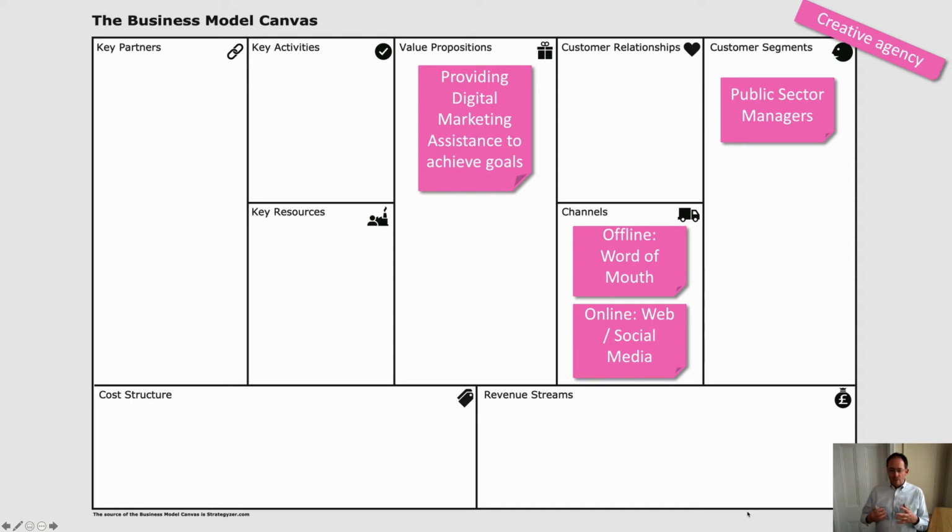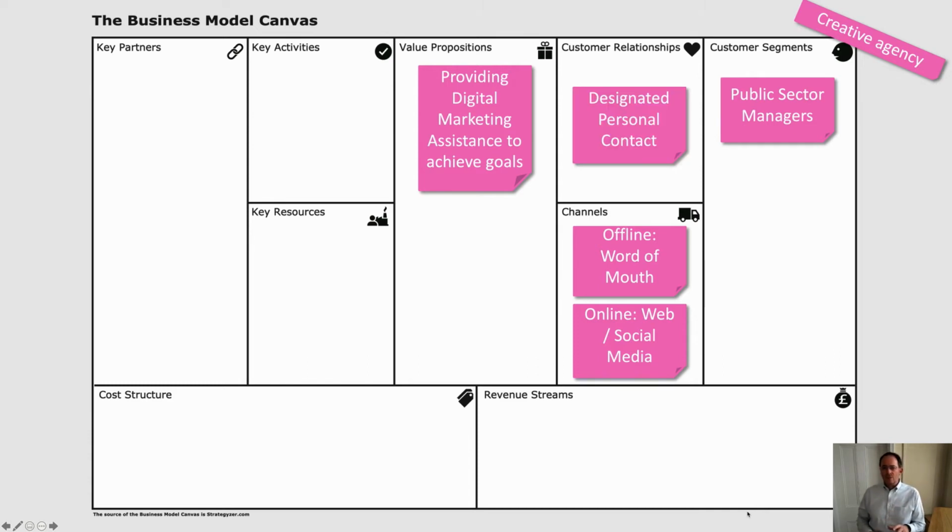So this business, the two channels that they use to provide access to their products and services to those customers is offline word of mouth and online web and social media. So that's about access to the product or service.